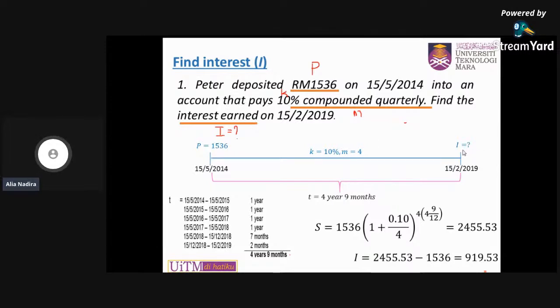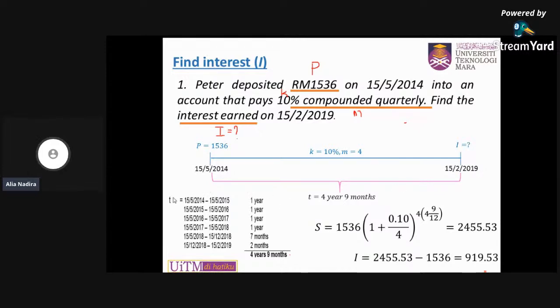You want to find the interest on 15th of February 2019. Your K is 10%, your M is 4, compounded quarterly. First of all, you need to calculate the duration, how long from 15th of May 2014 up until 15th of February 2019.